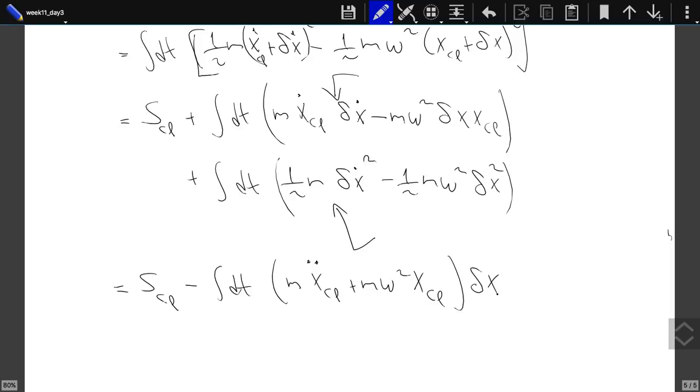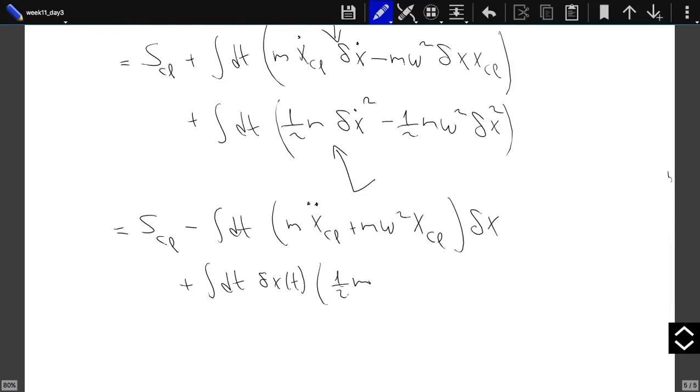This is the first integral in the first line. Plus the integral dt of delta x of t, 1 over 2 m d squared by dt squared minus 1 over 2 m omega squared, delta x of t.